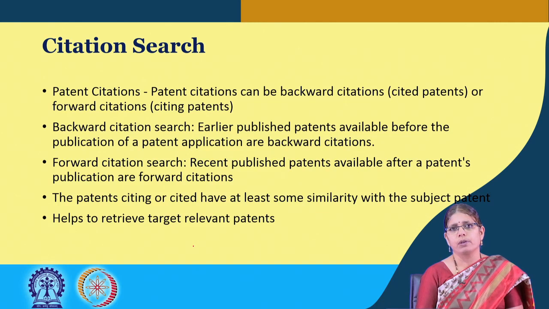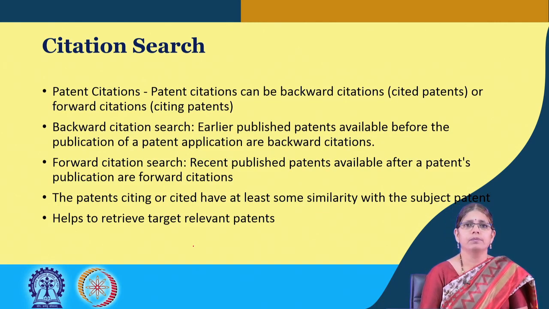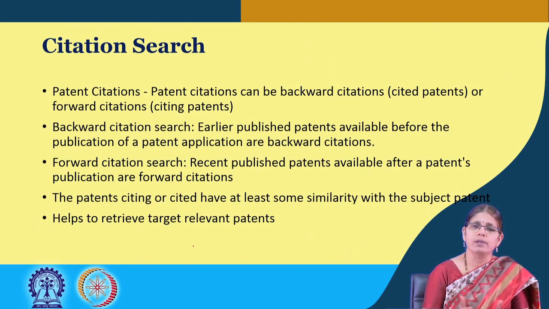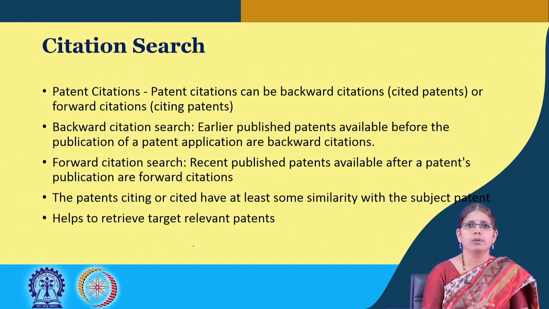Another search which is also very relevant and which is also used by many searchers is what is called the citation search. We need to understand first why patents are cited before we understand the details of the citation search. Patents are cited if they are very relevant and important.